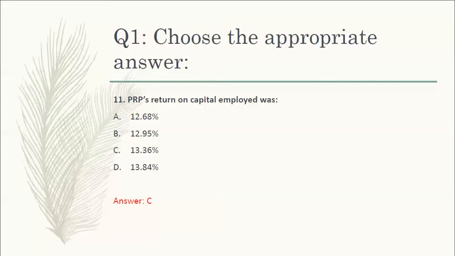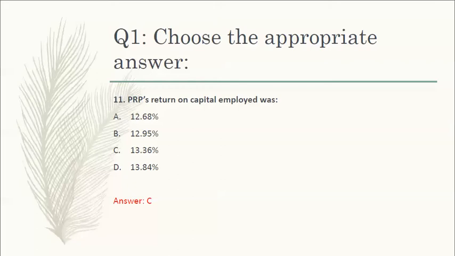BRB's return on capital employed was: first choice 20.68%, second choice 12.95%, third choice 13.36%, fourth choice 13.84%.